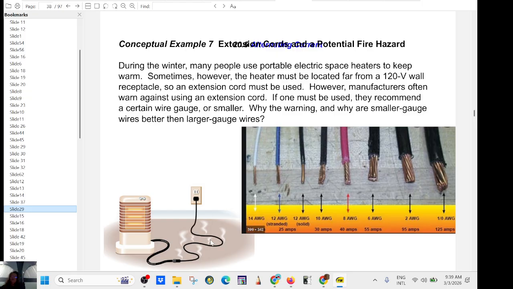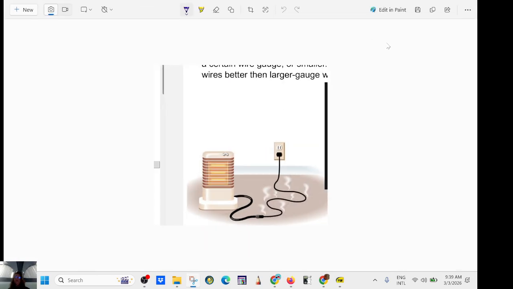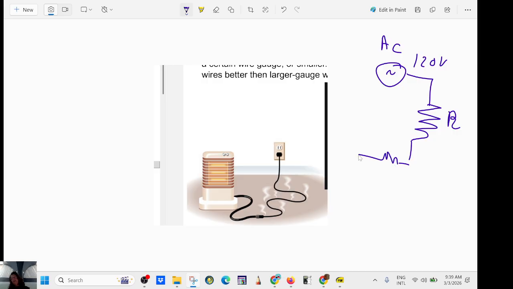So you can actually start a fire, because it's like adding a load. You have your power supply, which is AC, 120 volts, and then that wire is like having a very large resistance R. Then you have the load, maybe some resistance there, and a very large resistance inside too.